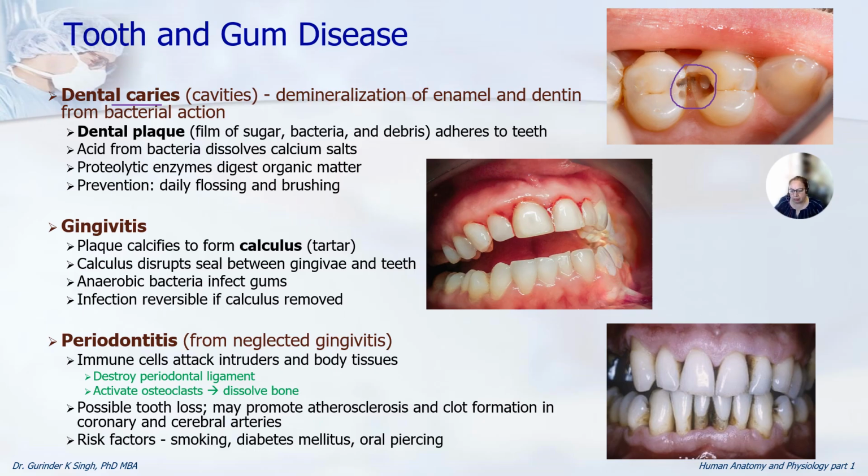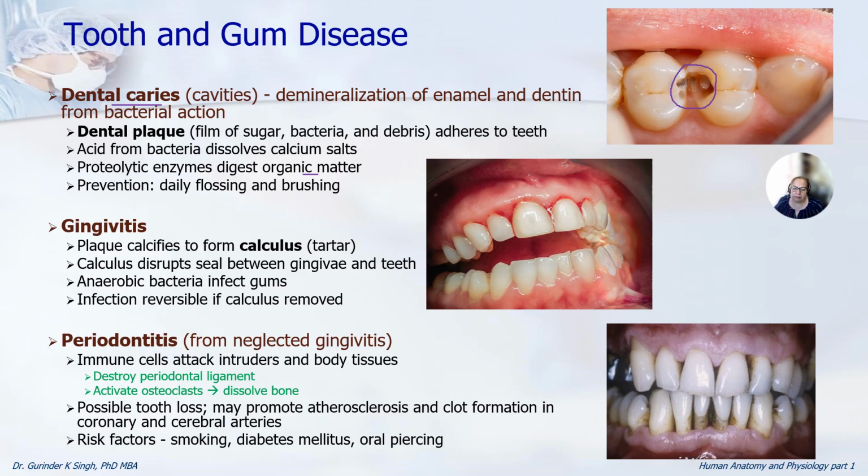The bacteria also produce many proteolytic enzymes which digest the organic matter. The major way we can prevent it is by brushing your teeth and also flossing them. Brush at least twice a day, including before you go to bed, because otherwise the food will be stuck in your teeth for 7 to 8 hours.